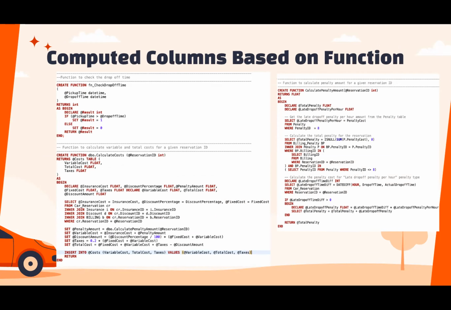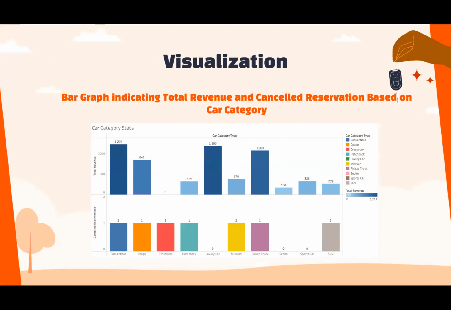For calculate penalty amount, we are taking penalties only if the customer hits any penalty. If they are giving the car back late or submitting it late, then we will calculate the penalties accordingly. Yeah, next slide.